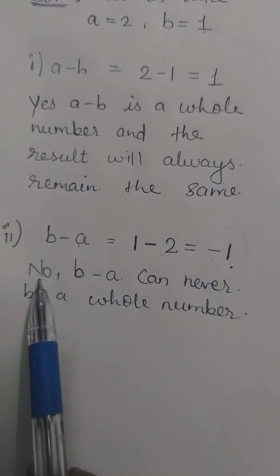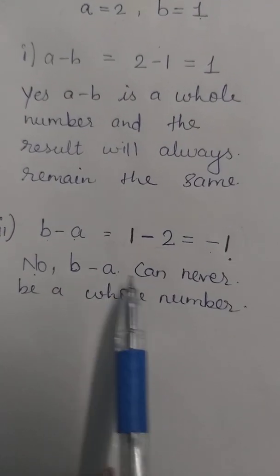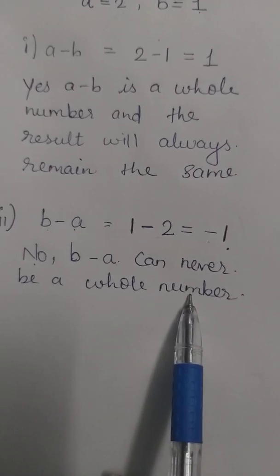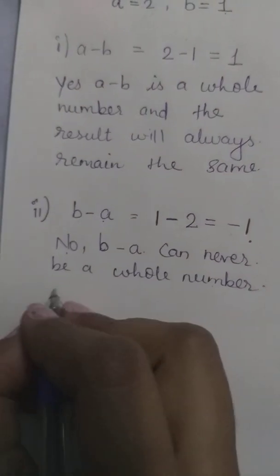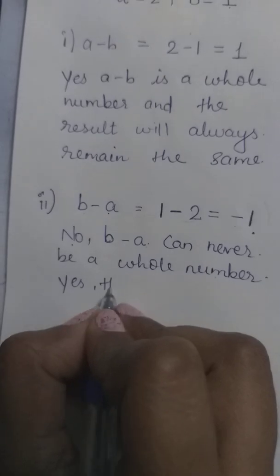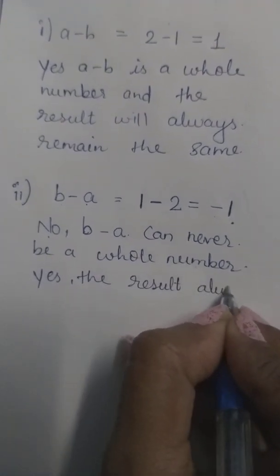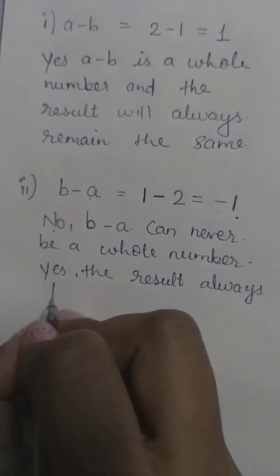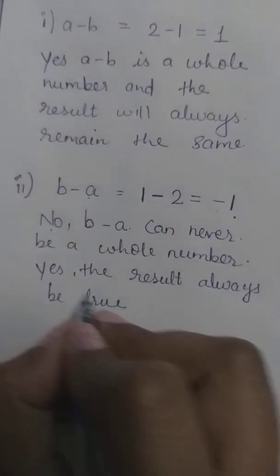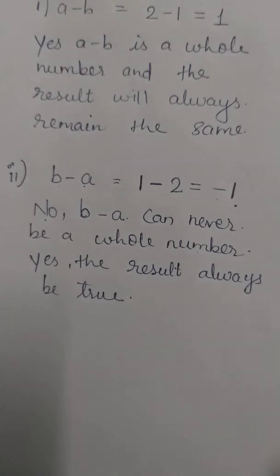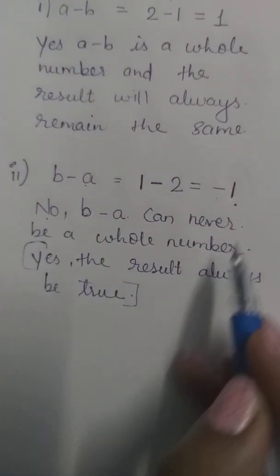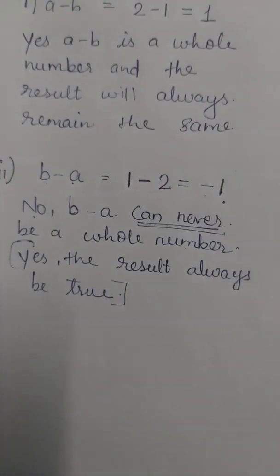So I'll write the reason: no, b minus a can never be a whole number. So yes, the result is always true. Okay, this is one condition. The result always true means what? It can never be a whole number.